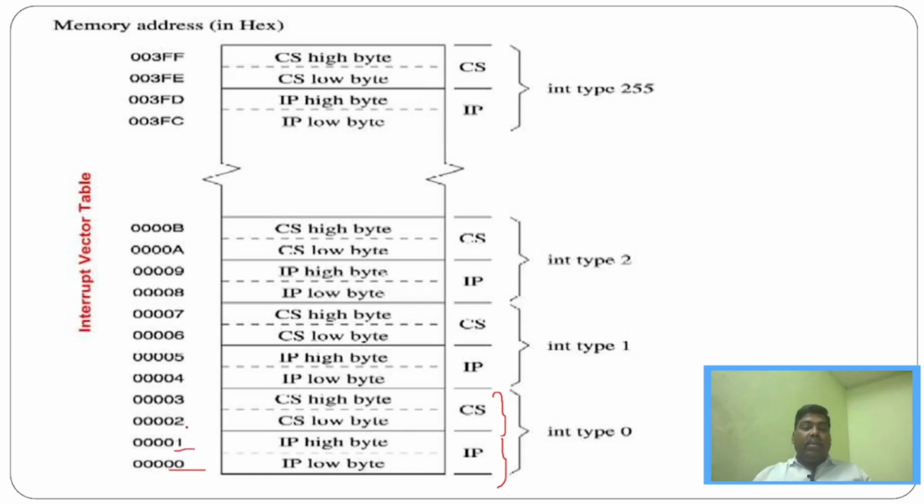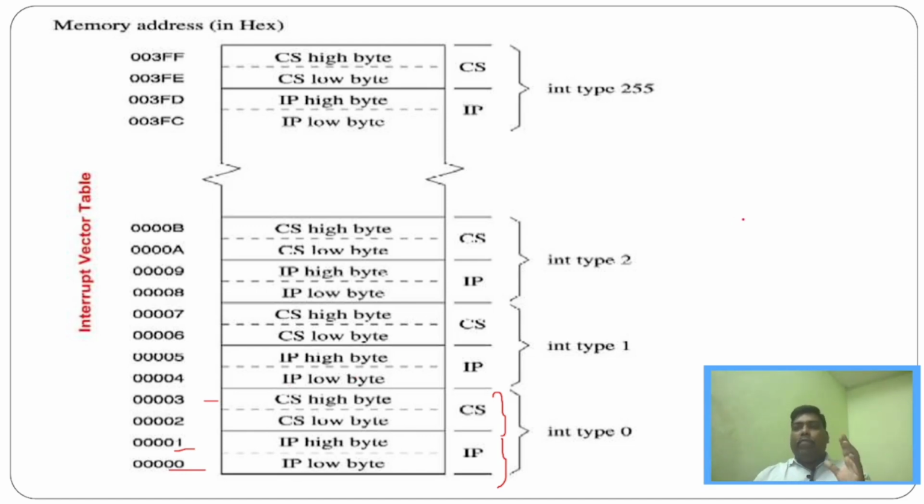Similarly, 02 is considered the lower byte and 03 the higher byte, and it goes on like that. So even in those 4 bytes, we split 2 for CS and 2 for IP, and in each 2 bytes, a higher byte and a lower byte. This is how the interrupt vector table is organized.